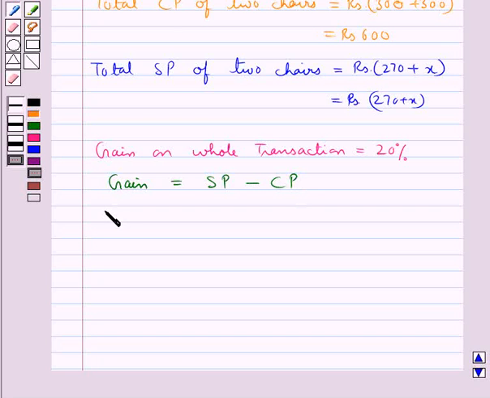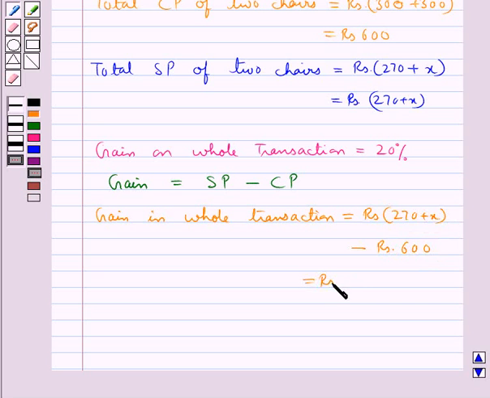So gain in whole transaction is equal to the total selling price of 2 chairs, that is rupees 270 plus X, minus the total cost price of 2 chairs, which is rupees 600. So this is equal to rupees 270 plus X minus 600, or we get gain in whole transaction is equal to rupees X minus 330. This is the gain in whole transaction.